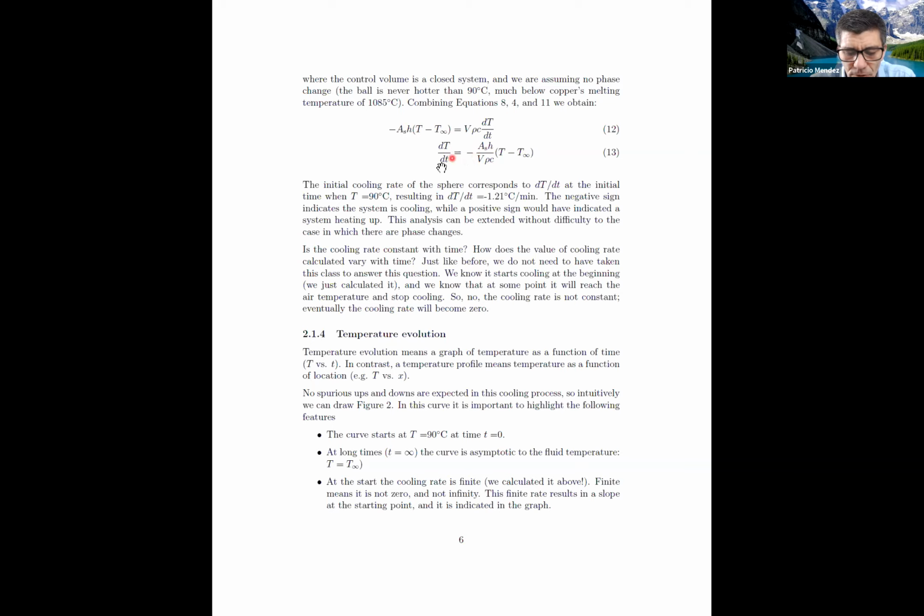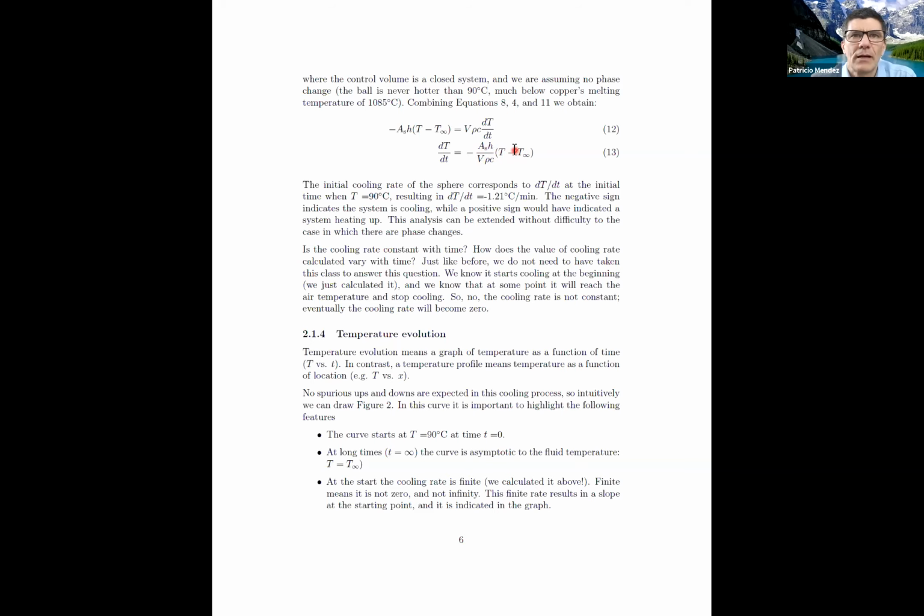Right, and equation 13 says the cooling rate, the rate at which temperature is changing, is given by this expression here, right? That relates the area and the heat transfer coefficient, the difference in temperature between the surface and the fluid, to the volume, density, and specific heat.